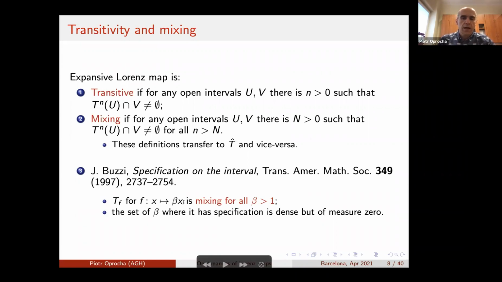Here alpha is 0, and I look at these maps and all the time I get mixing, and sometimes specification, but for many parameters there is no specification. For many there is, and it's not clear why it sometimes appears and sometimes doesn't, although the map looks the same all the time, only the slope is changing. But it gives hope that mixing will be common in these maps.